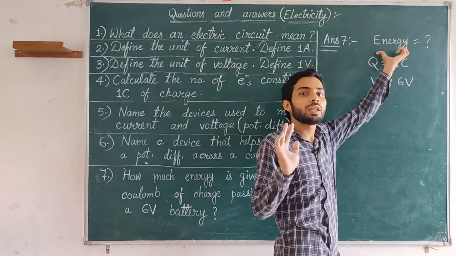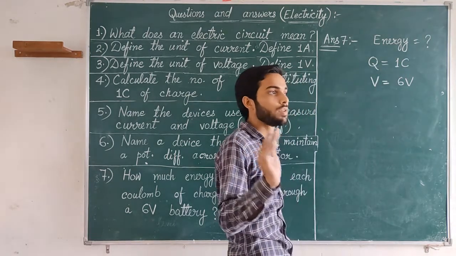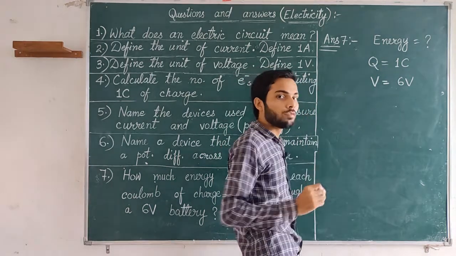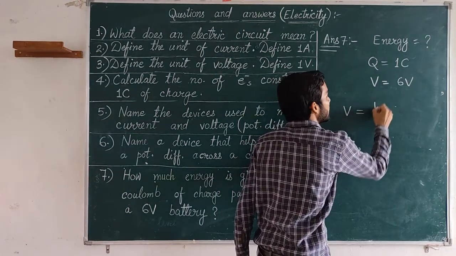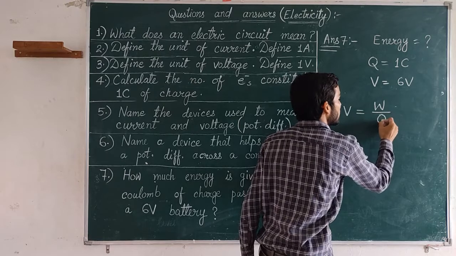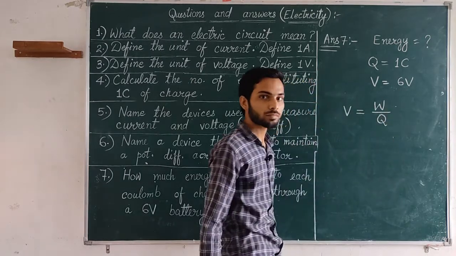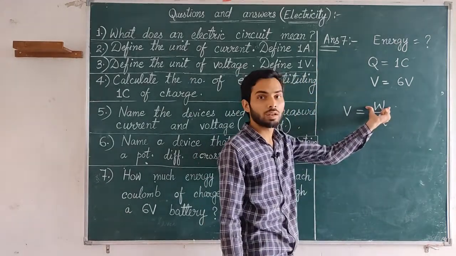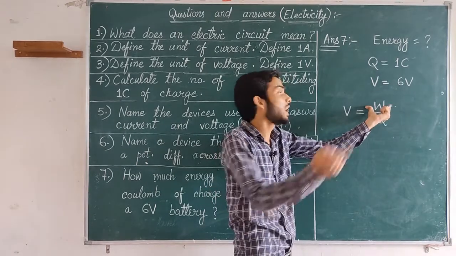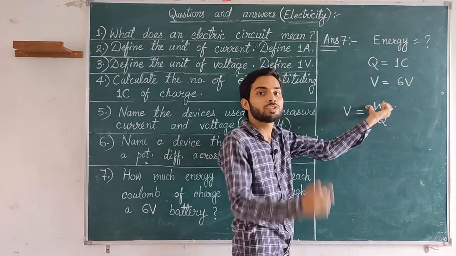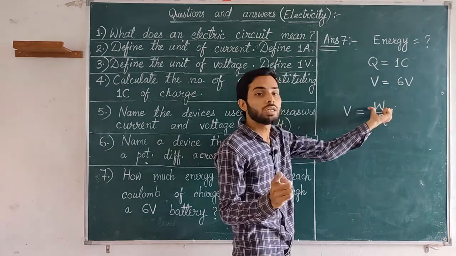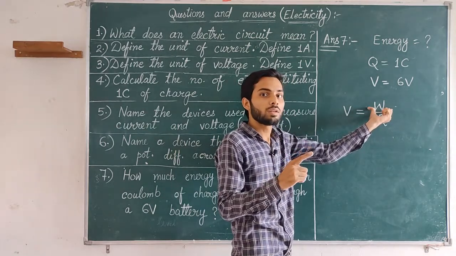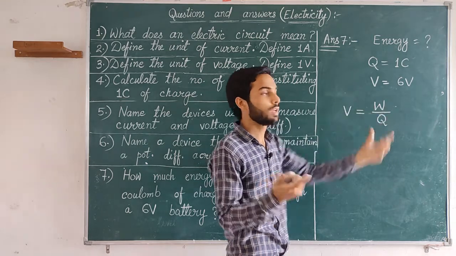Yesterday in the previous video we studied a formula of potential difference, and that was V is equal to W by Q. This W is the work done, and I also can say that this is the energy, because the unit of work done and energy are the same. So energy and work done are the same thing.